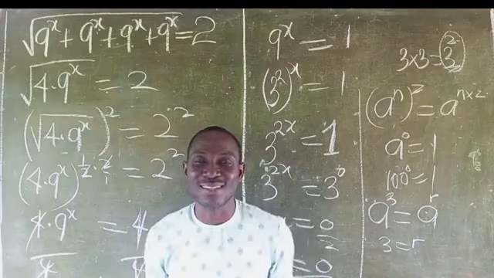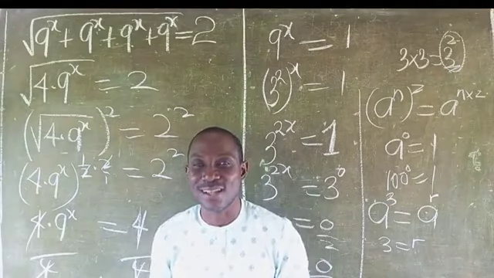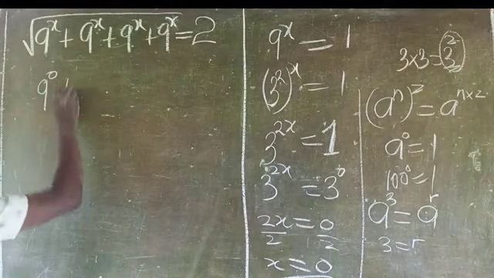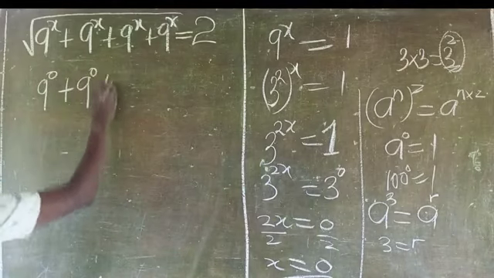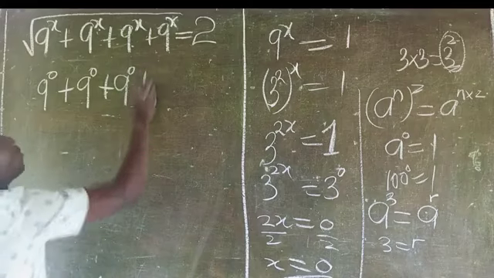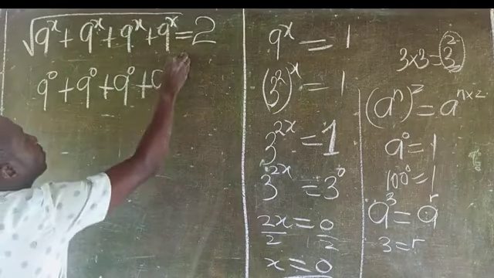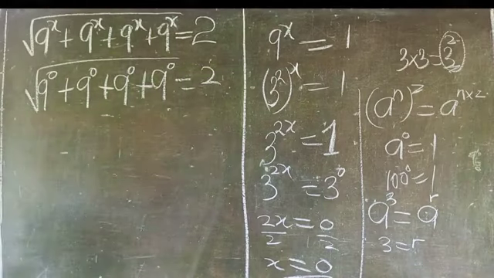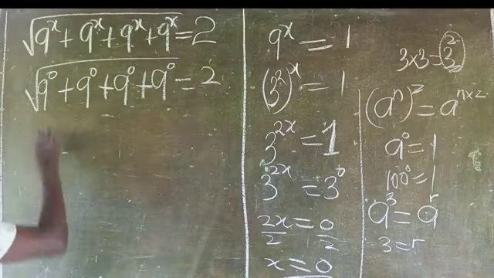If what is on the left hand side gives us what is on the right hand side, then we are correct. So we have the square root of 9 raised to power 0 plus 9 raised to power 0 plus 9 raised to power 0 plus 9 raised to power 0 equals 2. We know that anything raised to power 0 is 1.